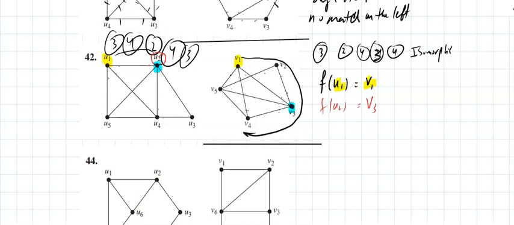And I would run from, there's u2 connecting to u3. So now I'm looking at, I'm going to connect v3 to v2. So that works. F of u3 equals v2. And in this case, we're saying this and that are the same. And you'll notice the same connections, two of them.